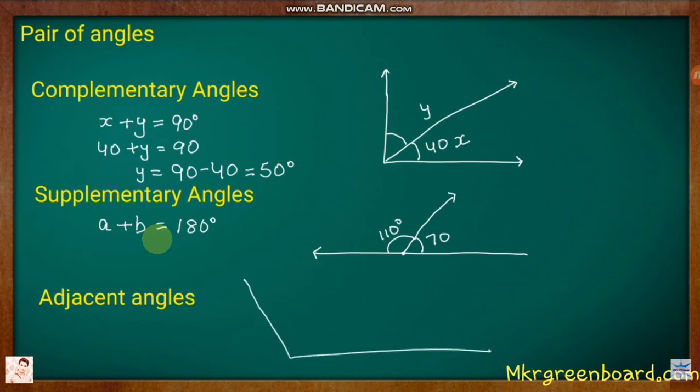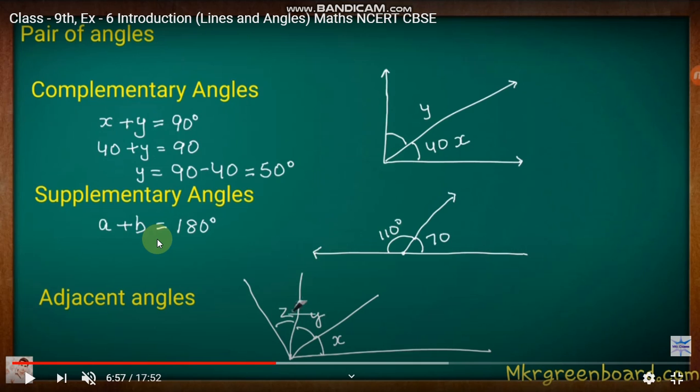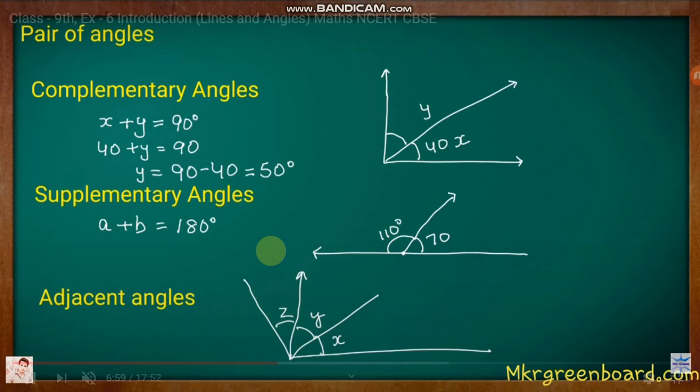Next one is adjacent angle. Adjacent angles are formed when lines form more than one angle with the same vertex. See here, three angles x, y, z are formed.